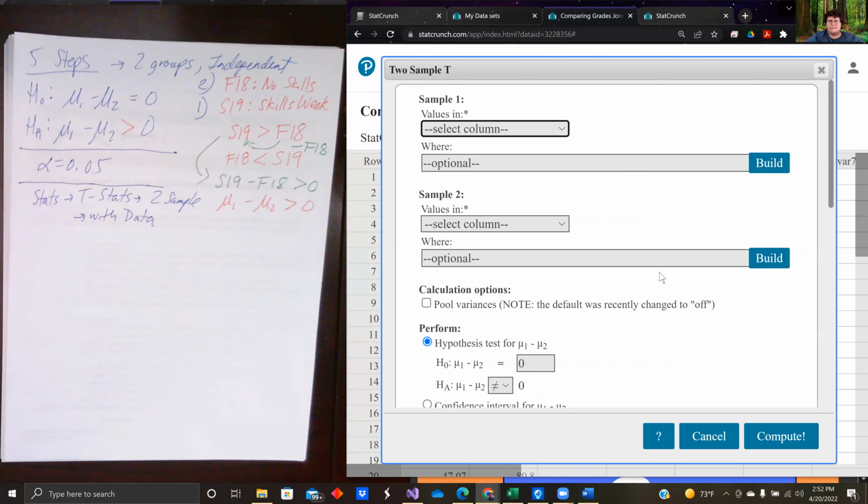And that's where are the values for sample 1 and where are the values for sample 2. I said spring 19 was group 1. So, conveniently it's in that order. And sample 2 is fall 18. So I'll put that in that one.